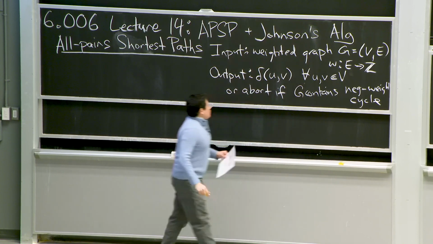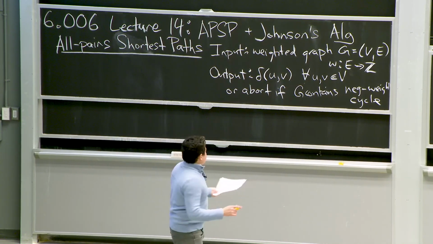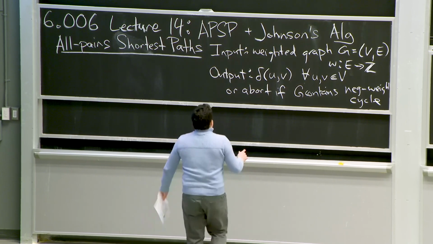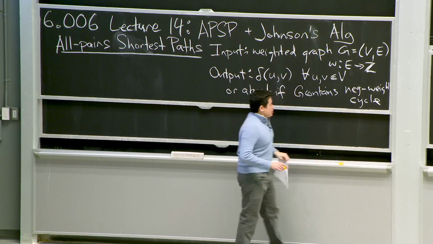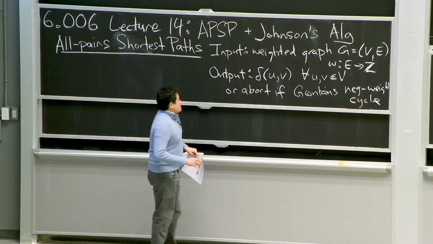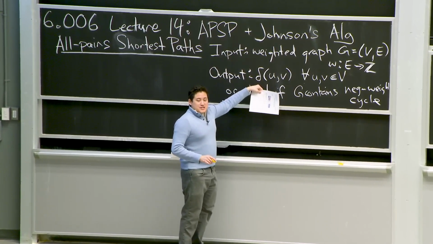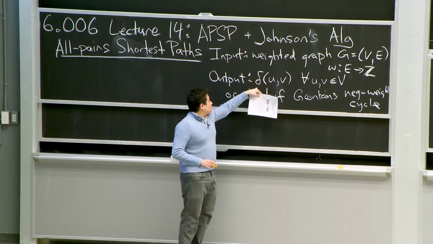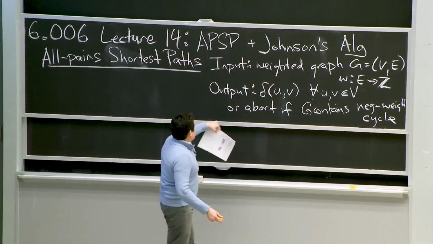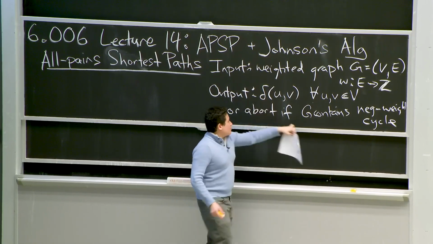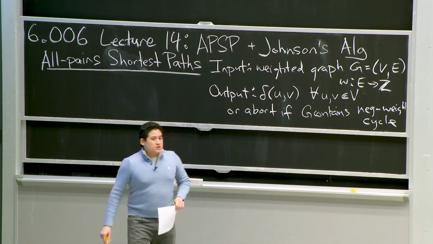So we're not actually going to worry about negative weight cycles in today's class. If we have a graph, it could have negative weights, these are any integers, it could include negative weight edges. But as long as all of our path distances are bounded from below, none of them are negative infinity, so we don't have any negative weight cycles, then I want you to output all of these shortest path distances.